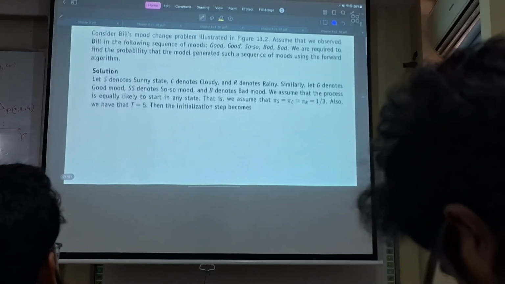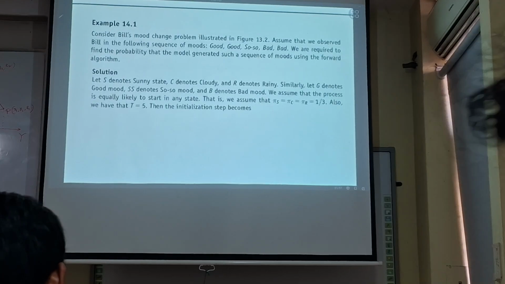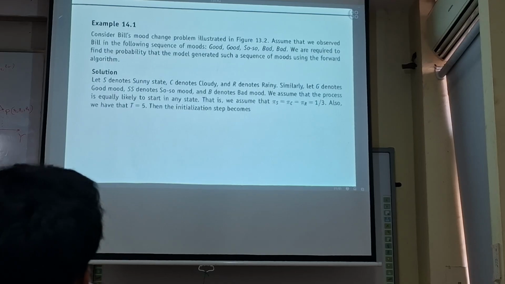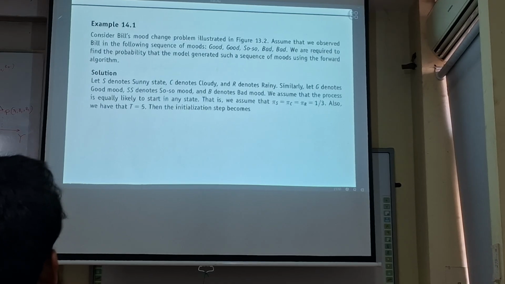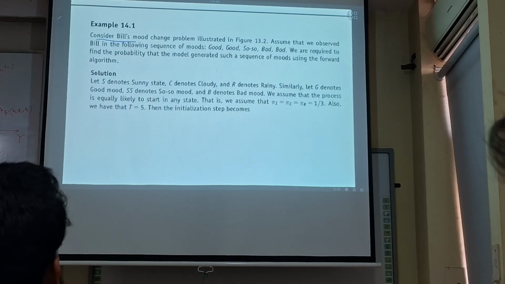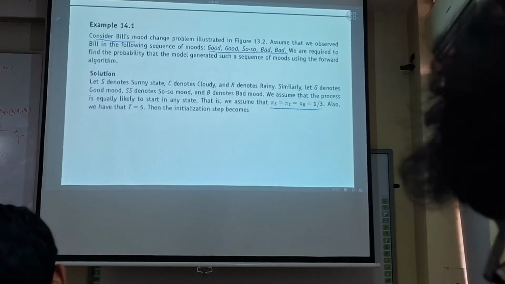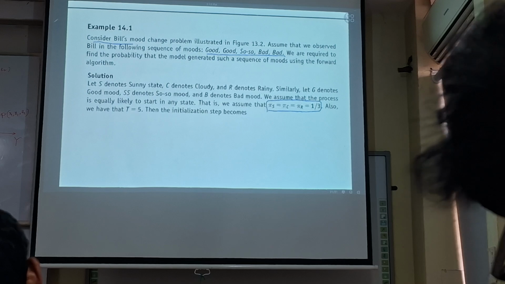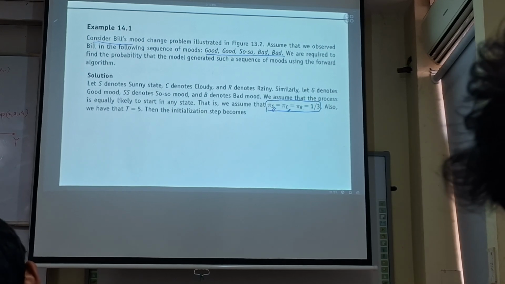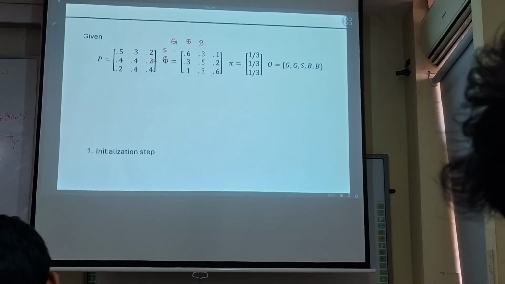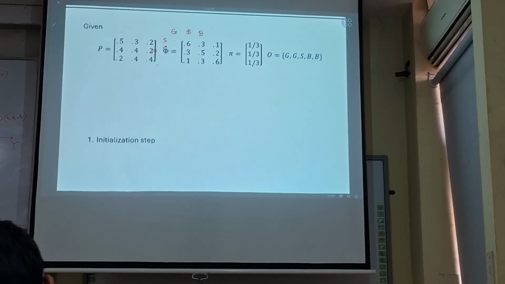Now the algorithm is explained here. If we go to the example, let me show the example very simply. The example remains the same. So we have considered the mood, and mood is good, bad, this one, and we have the assumption that the chain will start in each of these states with an equal likelihood. If this is the case, then the P matrix is this one.